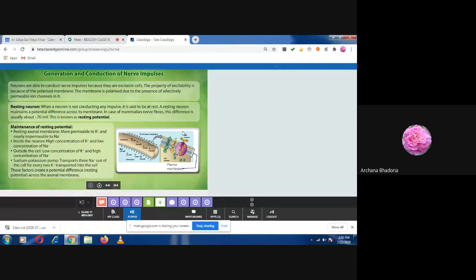Try to open the figure which is showing the nerve impulse conduction along the nerve fiber. Do you get the figure? Got it?